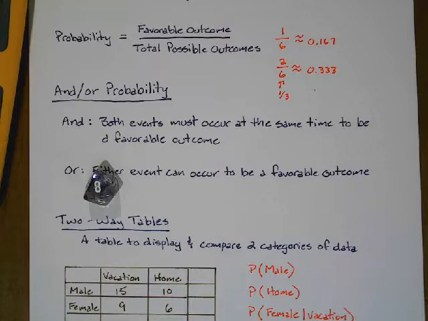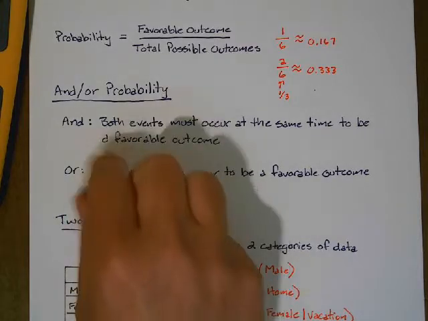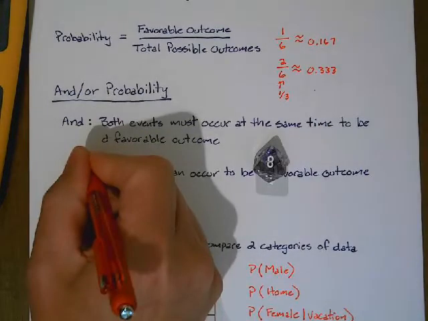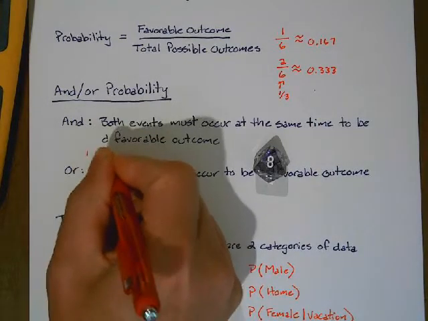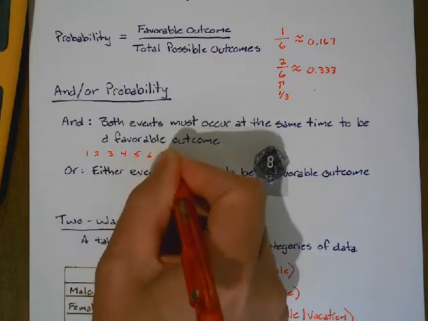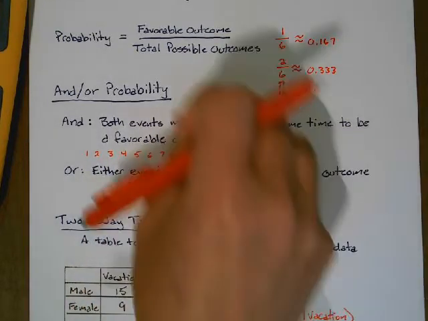And then I wanted to also have a number greater than 5. Okay, so I've got a total of 8 sides on here. So I'm just going to write them down. 1, 2, 3, 4, 5, 6, 7, 8. So I've got 8 sides on there.